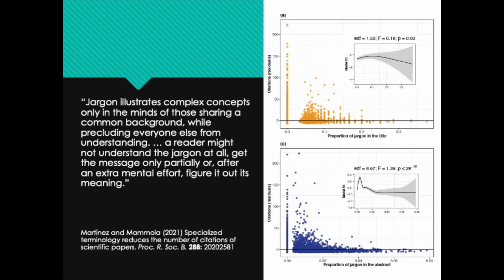In other words, as the jargon proportion increases, we see the citations start to fall off. The take-home message here is reduce the amount of specialized terminology as much as possible and avoid using too much jargon in your writing.